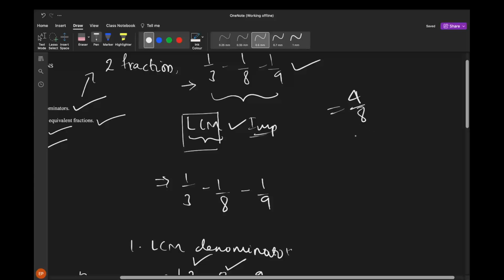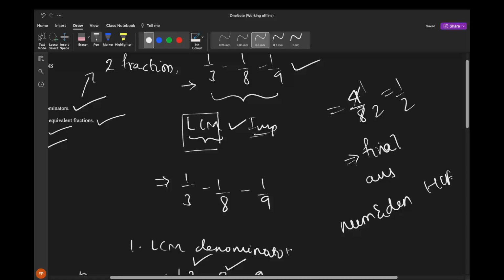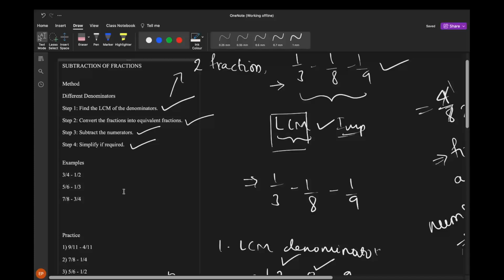We can simplify further, 4 ones are 4, 4 twos are 8, which gives the final answer. The HCF of the numerator and the denominator must be 1, then only it is called the simplified one, right? So that's why we have to simplify if needed.